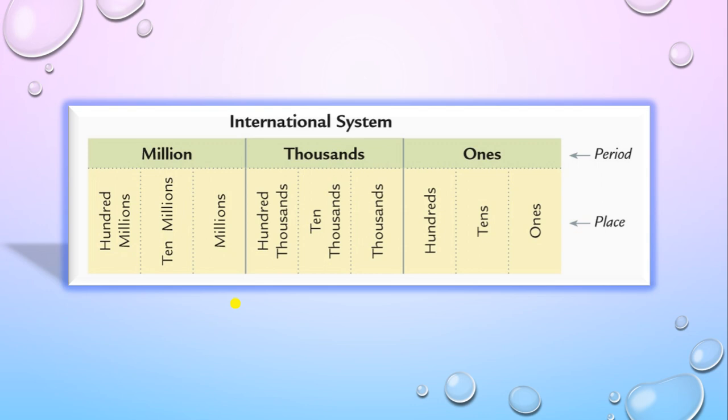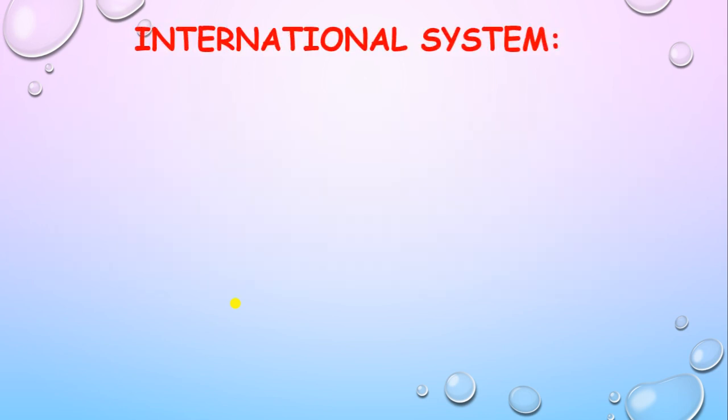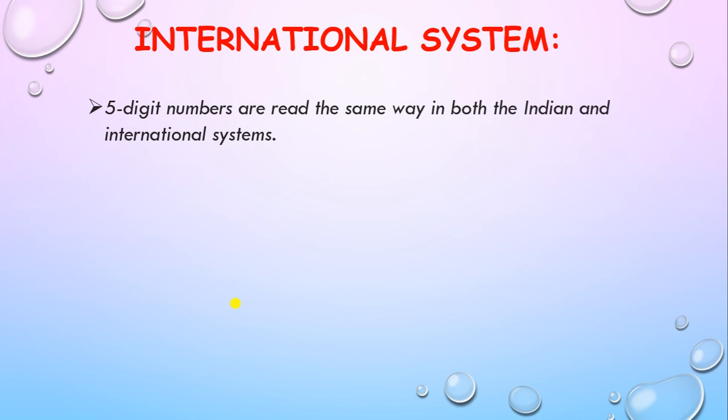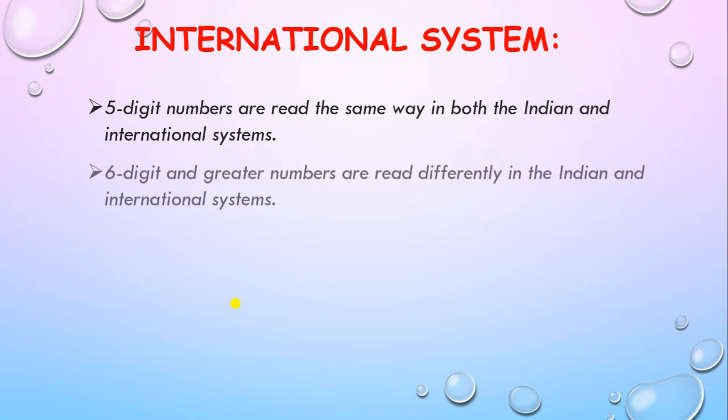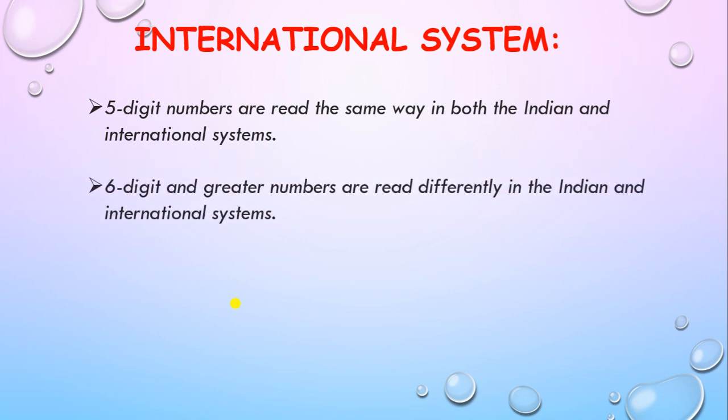In the millions period, millions place, 10 millions place, and 100 millions place. 5-digit numbers are read the same way in both the systems, whereas 6-digit and greater numbers are read differently.